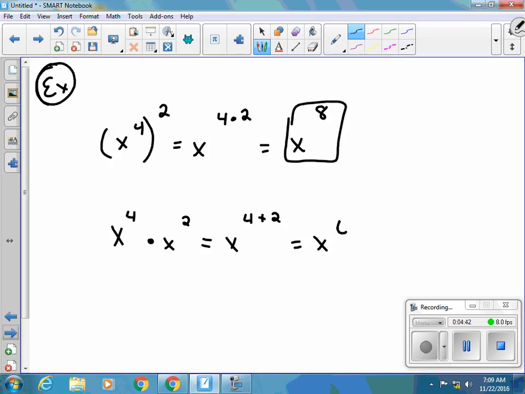This right here is x to the 6th. The reason why I'm showing you this is because if you're trying to figure out the number of roots and you've got situations where you're taking something to a power or you're combining like terms such as the second example there, you need to understand how many exponents or how many roots you really actually have based on those exponent properties.